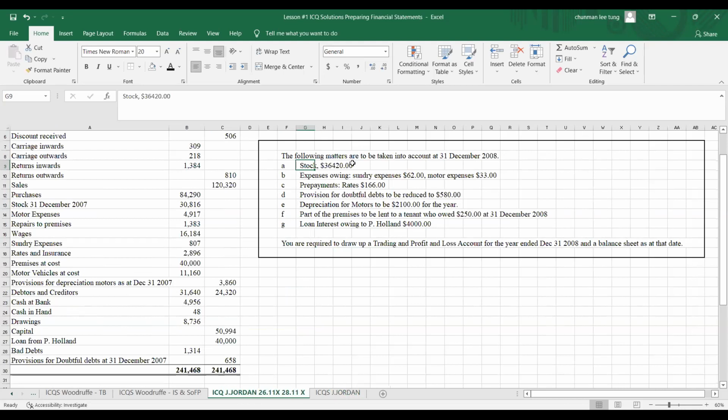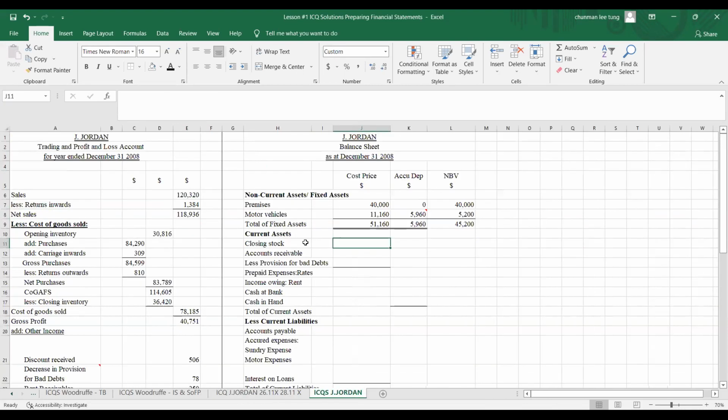Our stock, so you see we had a stock here, and we have a stock here. Stock in the question is our opening stock. Stock outside the question is our closing stock. This stock is our closing, 36,420. And we are accounting for the closing stock here of 36,420.